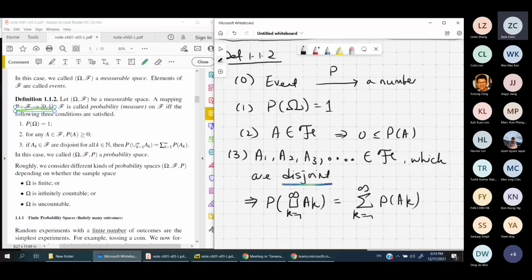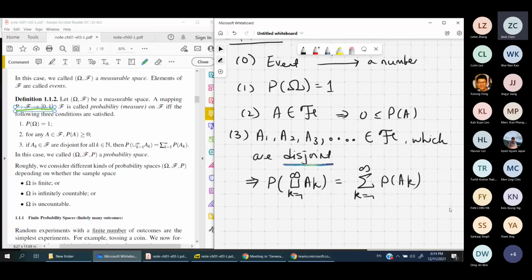So once P fulfills these conditions 1, 2, 3, then we say P is a probability measure.